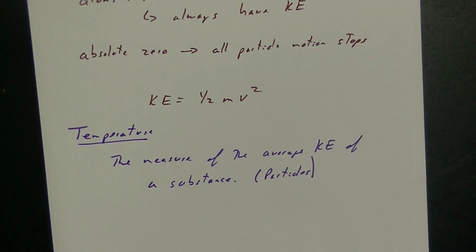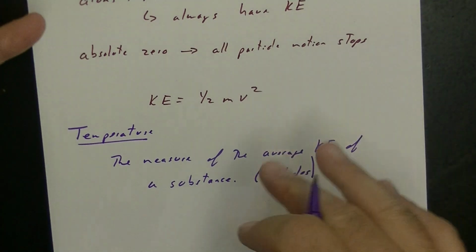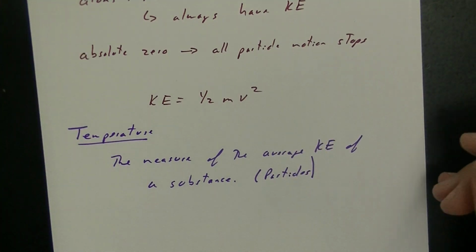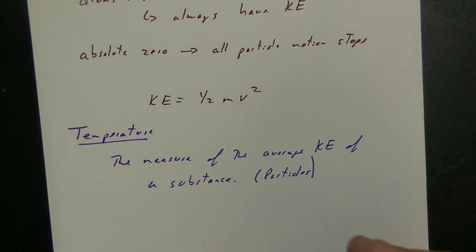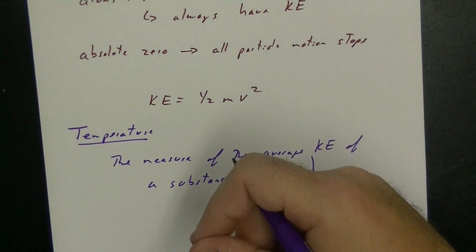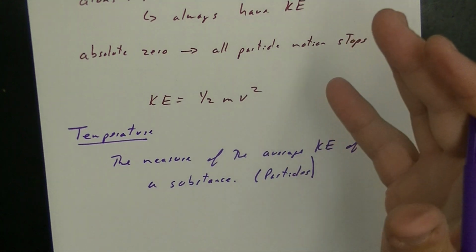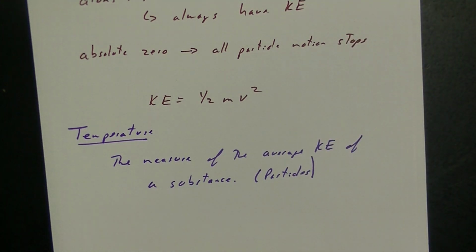So when we have a sample, the particles are going to have different amounts of kinetic energy. So when we actually take its temperature using a thermometer, we are getting the average kinetic energy of that sample.